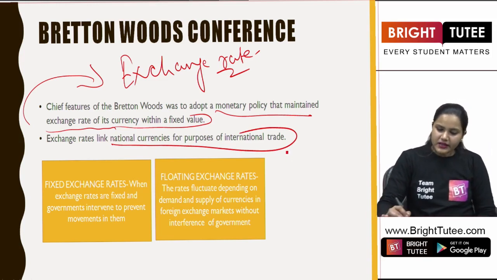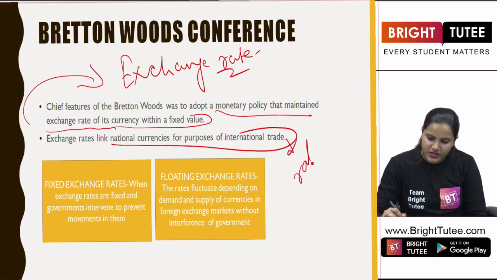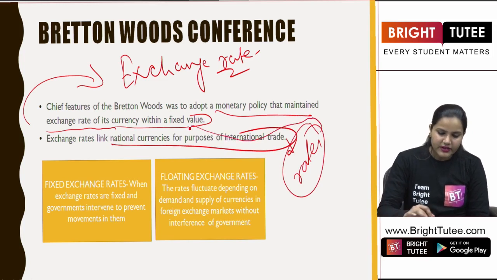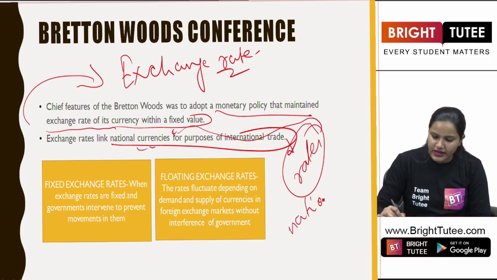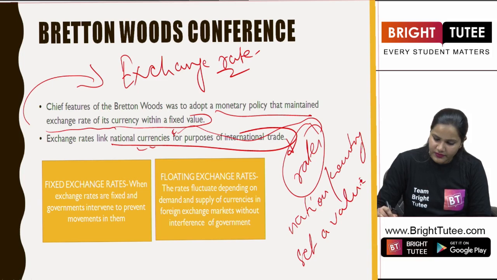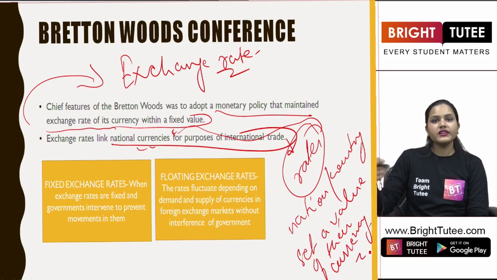So basically, this is a rate at which any nation or any country sets a value of their currency, the exchange value of their currency to the currency of any other nation.